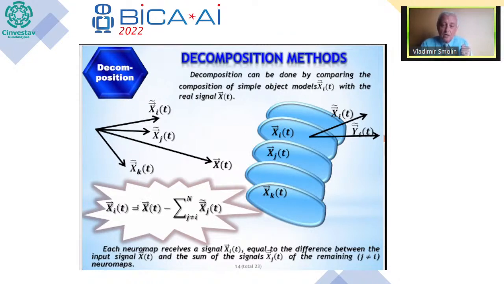So we put the input signal not for mapping on all the maps; for each map we put different signals, which are formed by getting some parts of this complex signal. And this process becomes stable when we find the parts that really correspond to the scene we are trying to decompose.